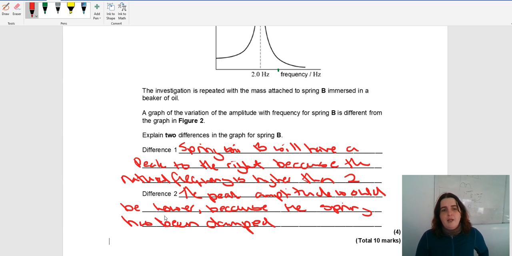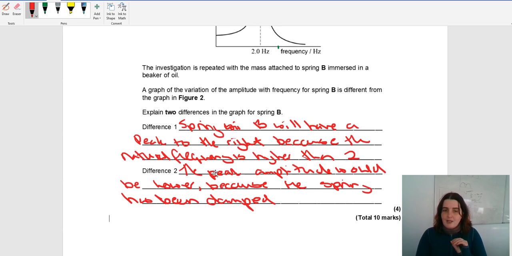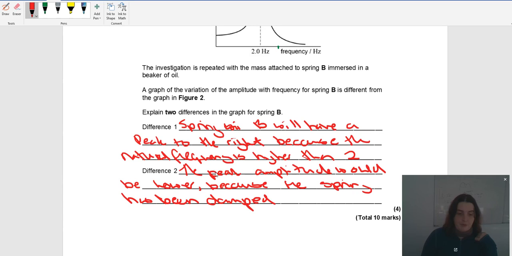So spring B will have a peak to the right because the natural frequency is higher than 2. And the peak of the amplitude would be lower because the spring has been damped.